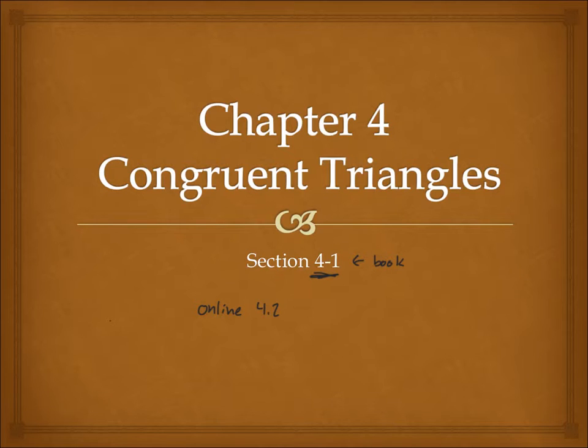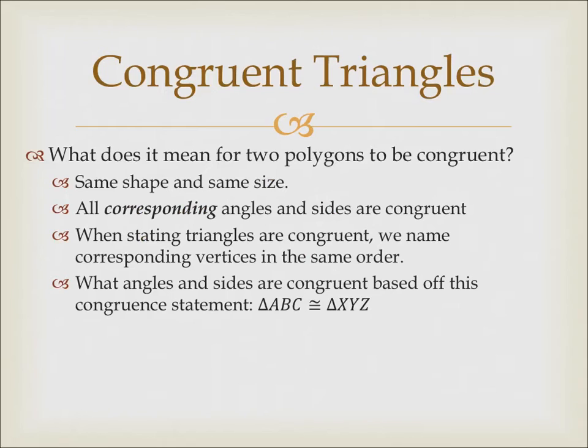But we are going to be talking about congruent triangles, and more specifically what makes two triangles and two shapes really congruent to each other. Here is the list of rules. It's a pretty short list, summed up by the fact that to be congruent you have to be the same shape and the same size.